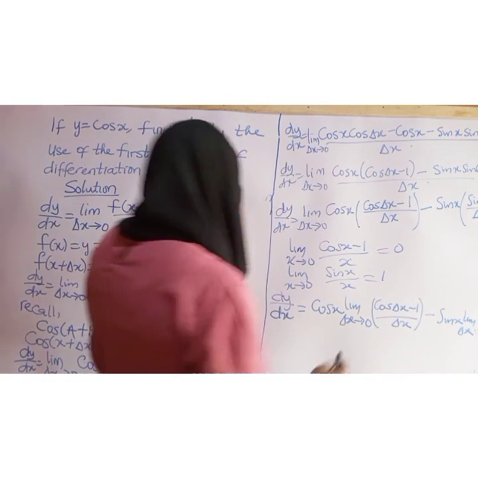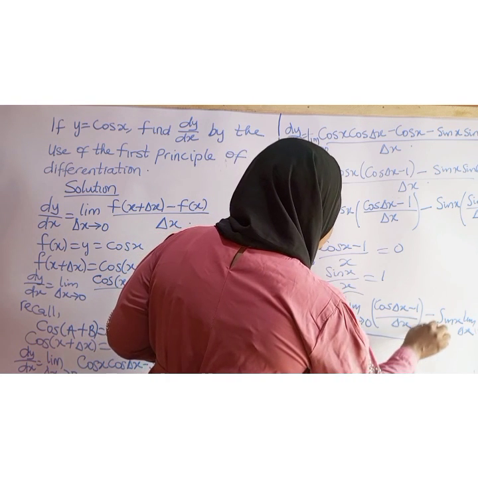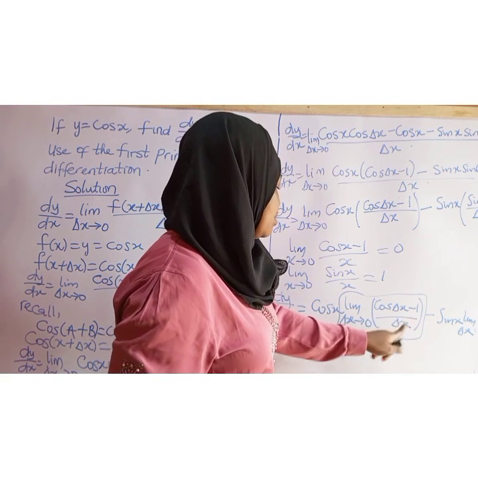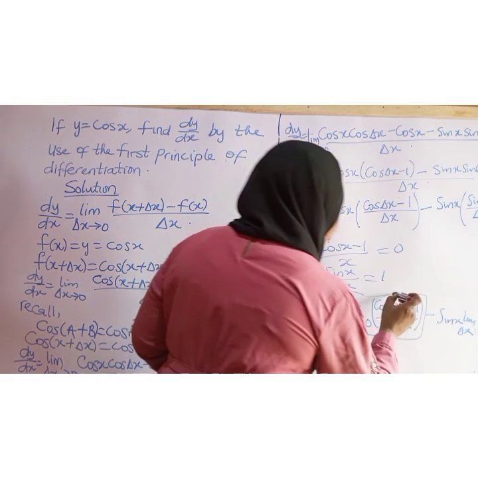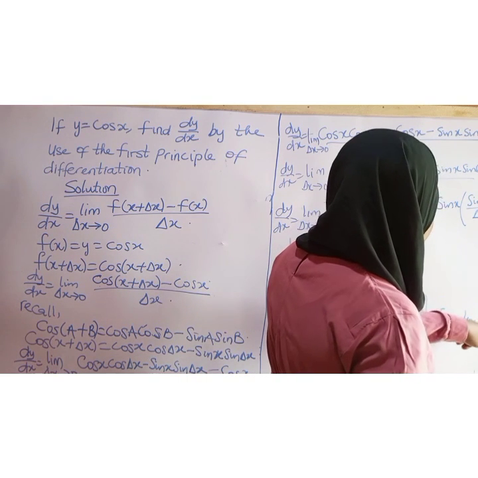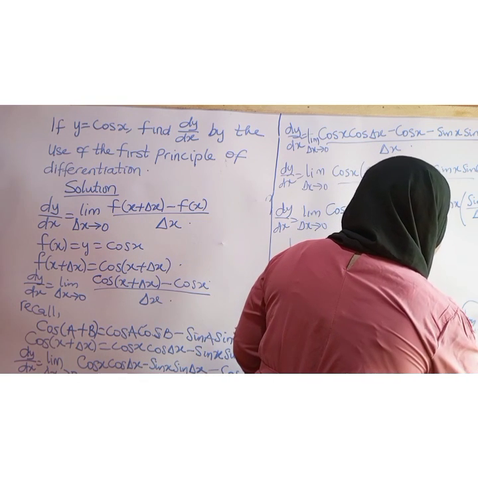So it means that wherever I see the limit as change in x tends to 0 of cos change in x minus 1 divided by change in x, I'm going to put 0 there. Wherever I see the limit of sine change in x over change in x, I'm going to put 1 here.